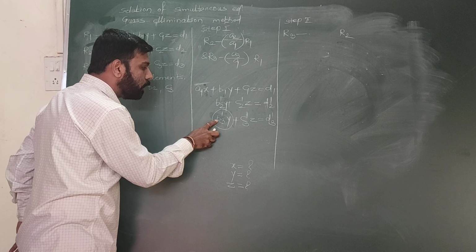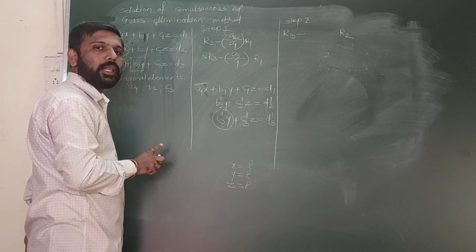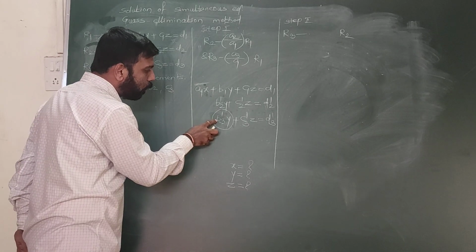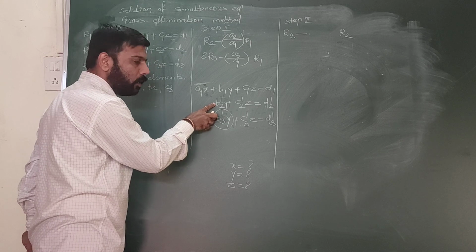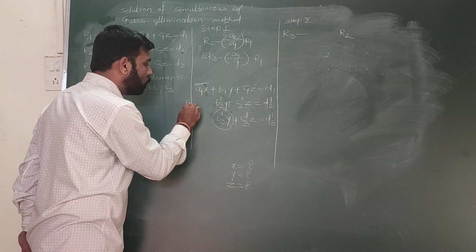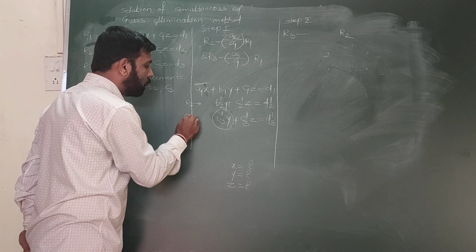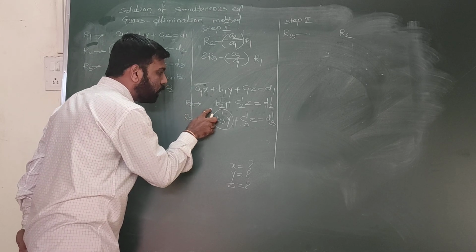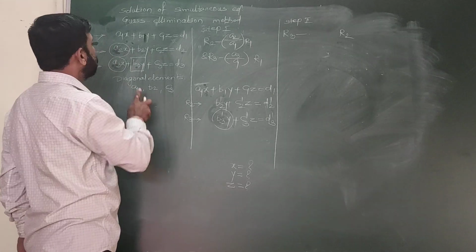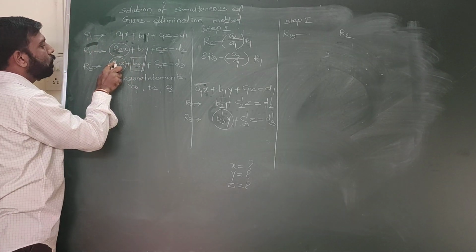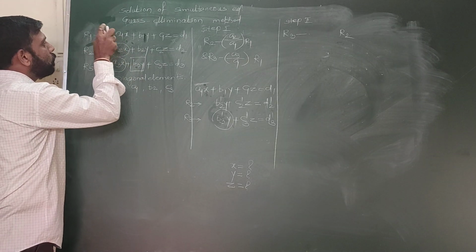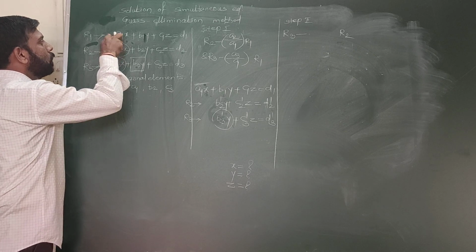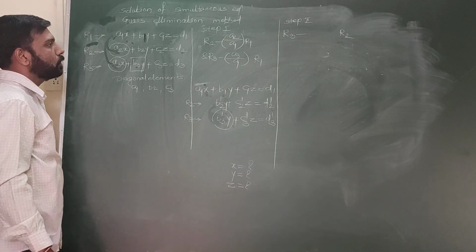The operation will always be performed with the diagonal element. So the diagonal for this element is this one. This is our second row R2, and R3, this element.